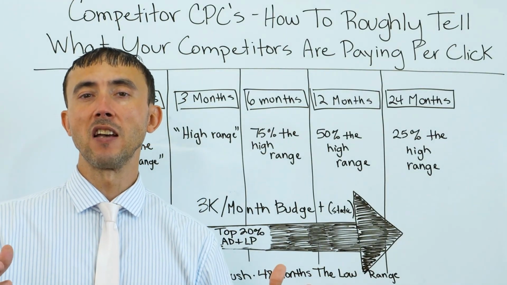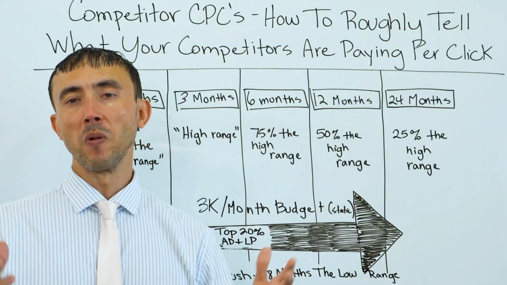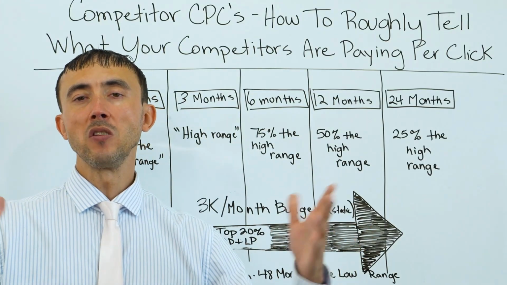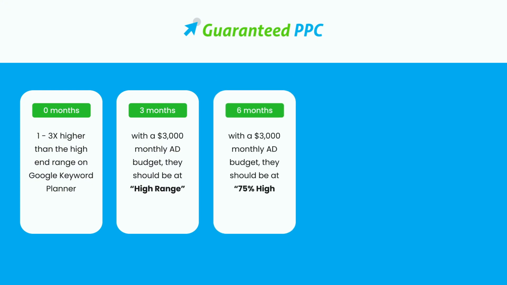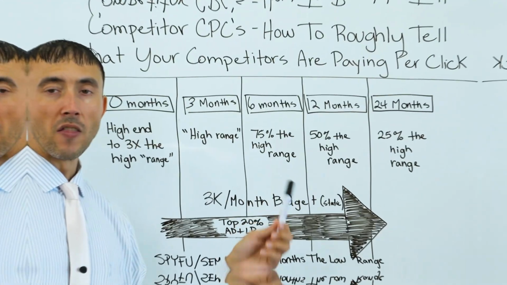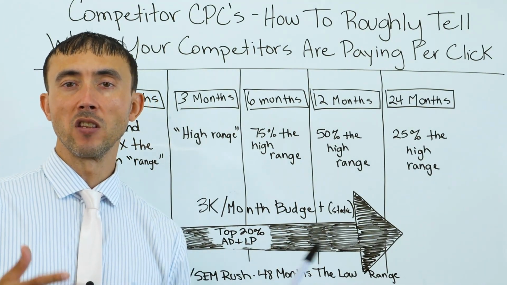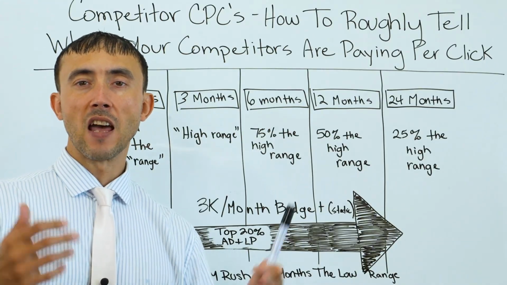Now, if there's 2 advertisers in your market, that won't apply, because they don't have the liberty to be so picky. After 6 months advertising at that $3K a month budget, they should be at 75% of the high range. And I know this because I've run hundreds of Google Ads campaigns, by the way, so this isn't just me picking this out of my behind.